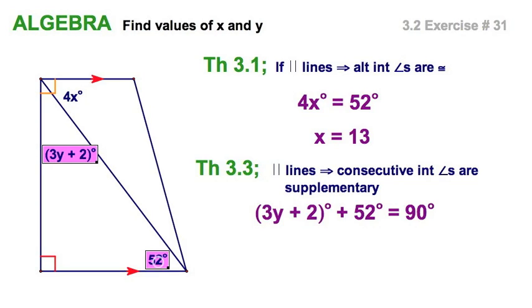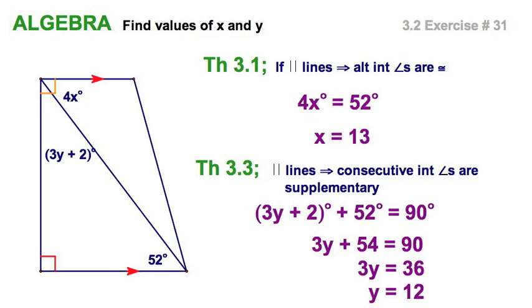With the 52, because they're alternate interior. So I add those all up together, and they're equal to 90. That's pretty good. And let's see how that works out. Right there, I can just do a little bit of arithmetic, and let me solve, and y is going to be equal to 12. And we're done.